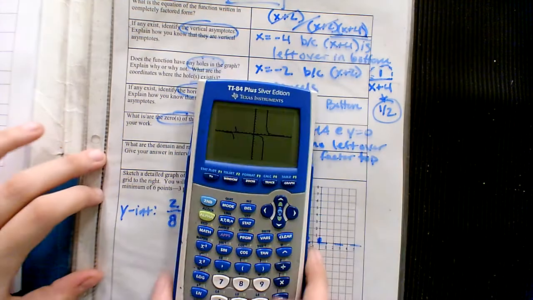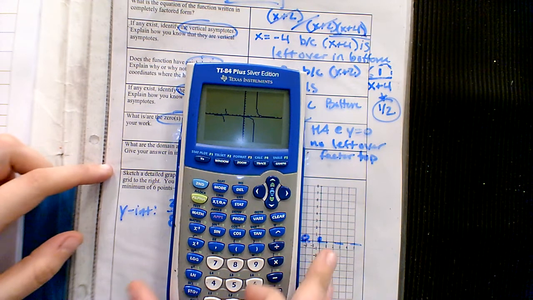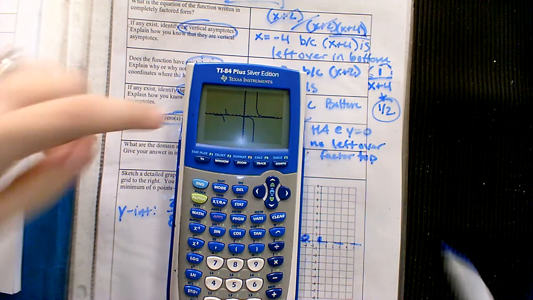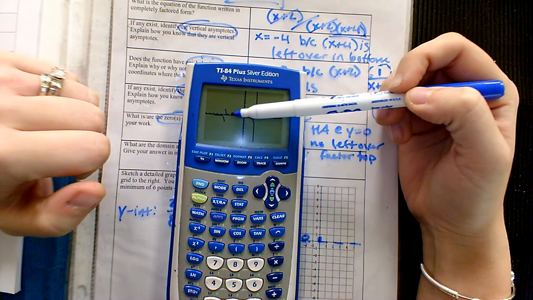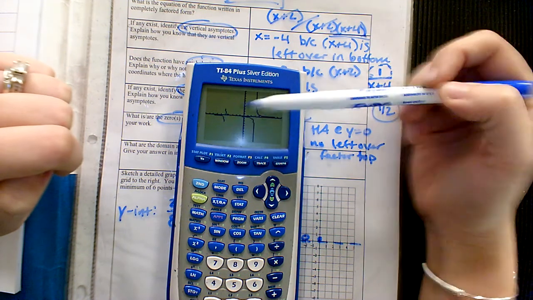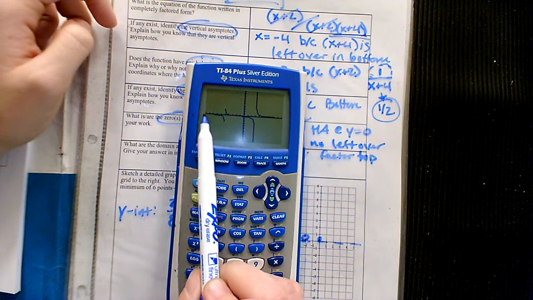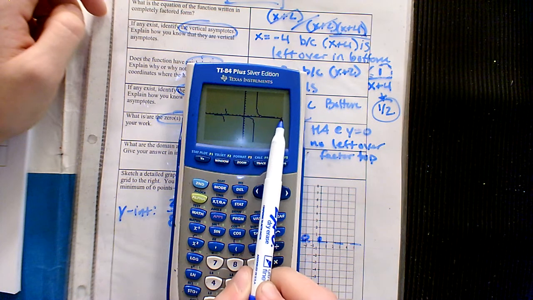All right, here's one. Might be a little hard to see. It could be a little tricky. Again, your calculator can only do so much. Technology can only go so far. So here we have a vertical asymptote at 1, 2, 3, 4. It looks like 5. Vertical asymptote at 5. Vertical asymptote at 3. Horizontal asymptote at 0, because that's what we approach on the left and the right.